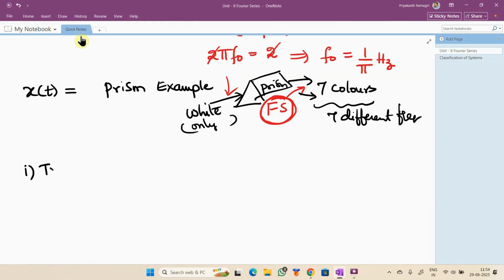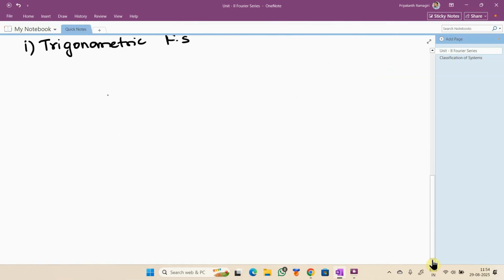Okay, right. So first one is a trigonometric Fourier series. And you also know how to represent that. Whenever I place a symbol like this, that means the signal x of t is periodic. And the symbol name is tilde. You don't need to remember this, but whenever you see it like this, it is a periodic signal.